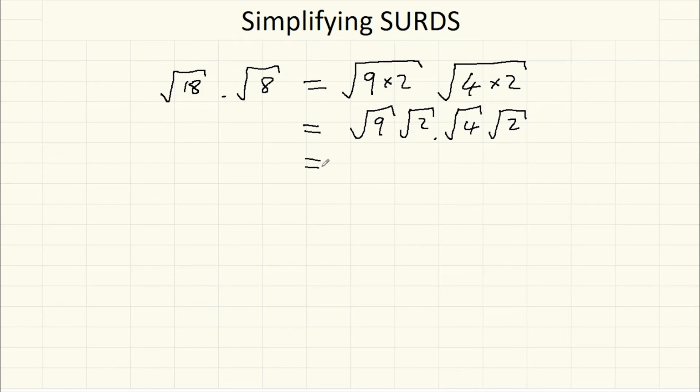Okay, root of 9 is 3 root 2, times the root of 4 is 2 root 2. Now this looks similar to what we had before. So we can say root 2 times root 2 is just 2, times 2 is 4, and times 3 is 12. And that's the answer.